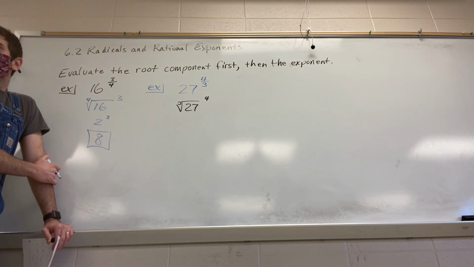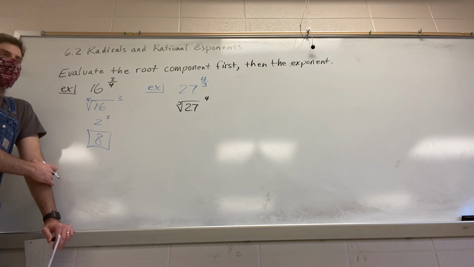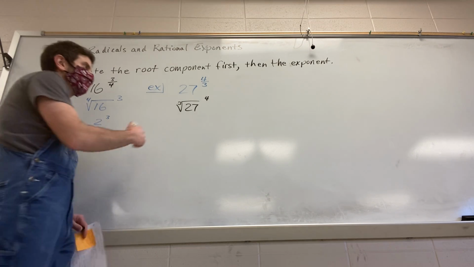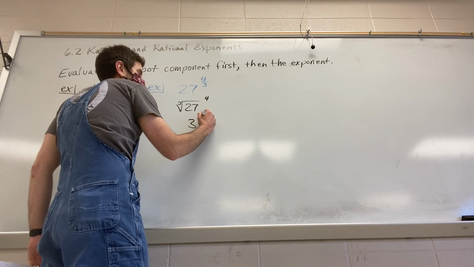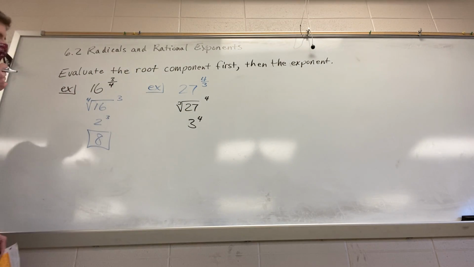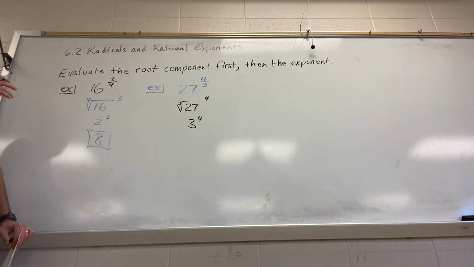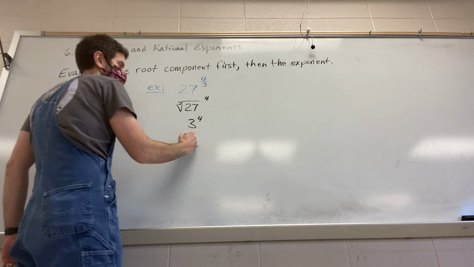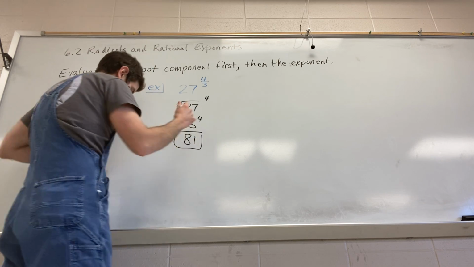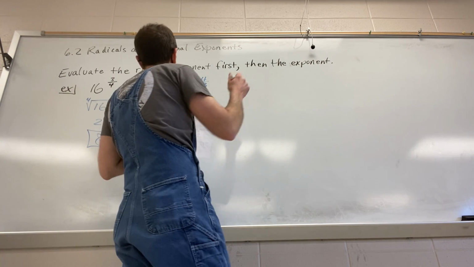It's 3, isn't it? 3 times 3 is 9, times 3 is 27. So it's 3. And then we've got to figure out 3 to the 4th power. I'm kind of envisioning all the 3's lined up. 3 times 3 is 9. 3 times 3 is 9. Multiply them together. 81.